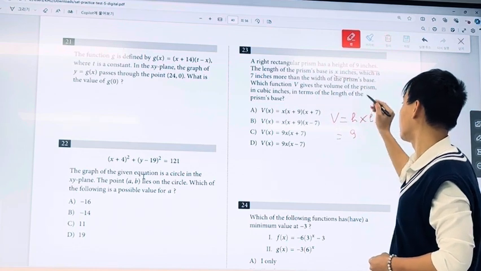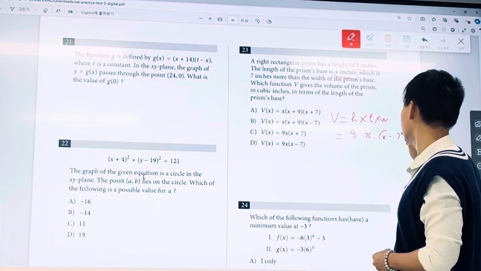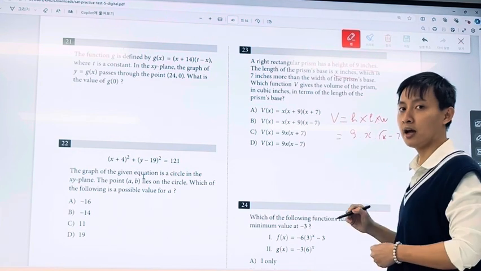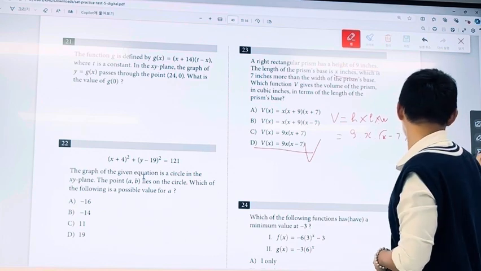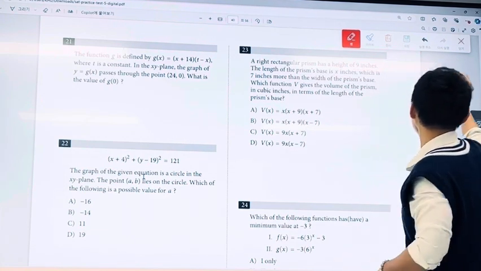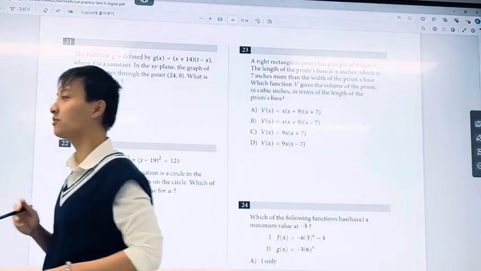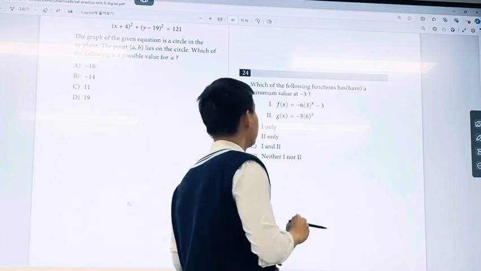The length is x, the width is x minus 7. So obviously, easy, right? Yes, I think this test is very easy for you guys. So you guys have to get a 100 score.